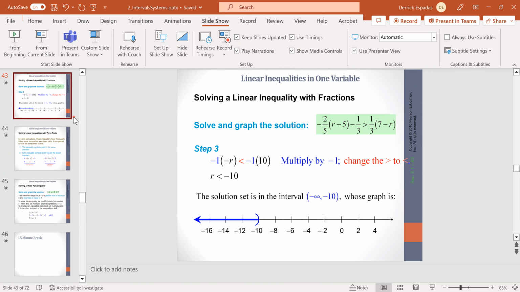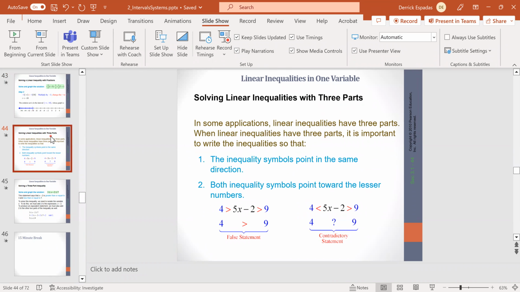All right, and so just a couple more things here and we'll wrap this video up. So this was a lot, and so I'm going to throw more on you. Sometimes we have that X in the middle, and so we have to solve for X when we have statements on both sides.